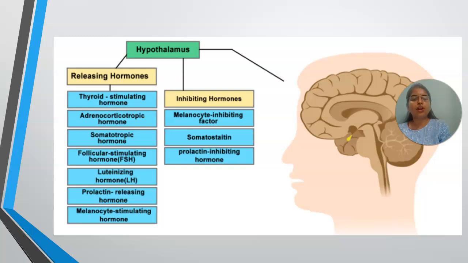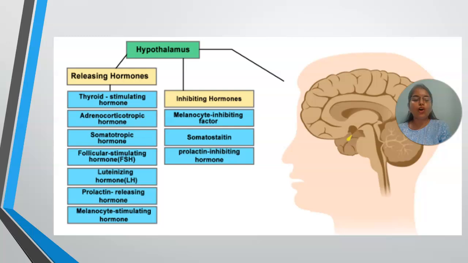So the releasing hormones are thyroid stimulating hormone releasing hormone, adrenocorticotropic releasing hormone, somatotropic releasing hormone, gonadotropin releasing hormone, and prolactin releasing hormone. Then in inhibiting hormones we have somatostatin and the prolactin inhibiting hormone.